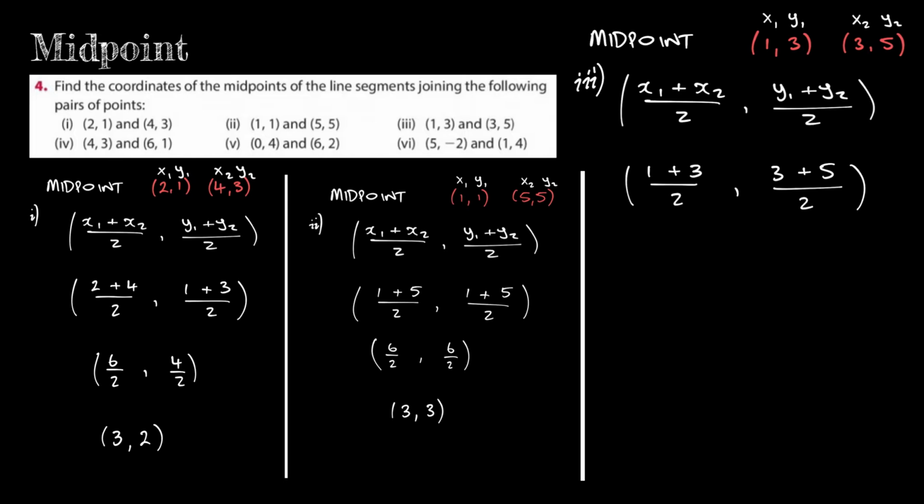Okay, tidy that up. 4 over 2, comma, 8 over 2, because when we add them, we get 4. When we add them, we get 8. 4 divided by 2 gives us 2. 8 divided by 2 gives us 4. So you can see there, that's my answer for part 3.